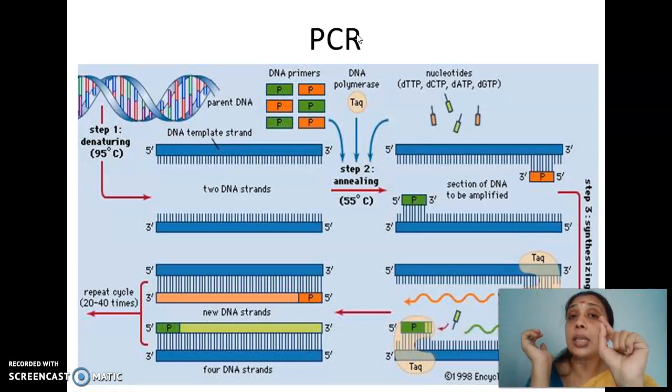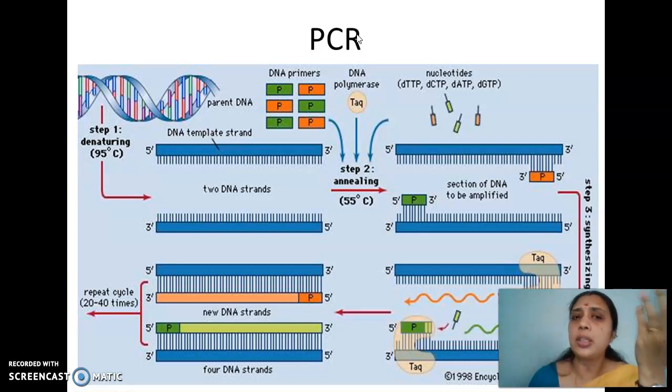You are creating numerous genes from a single gene. That's the advantage of PCR. You need only a single gene, and that single gene will be amplified to around 10,000, 25,000 copies, etc. within a short span of time. It is not a time-consuming process. It requires only very short time.